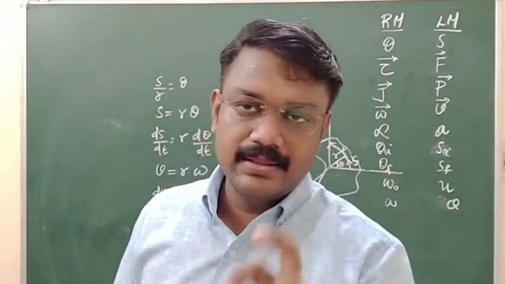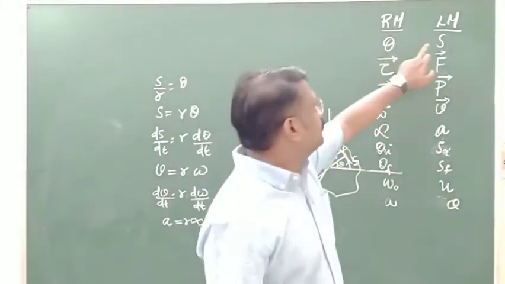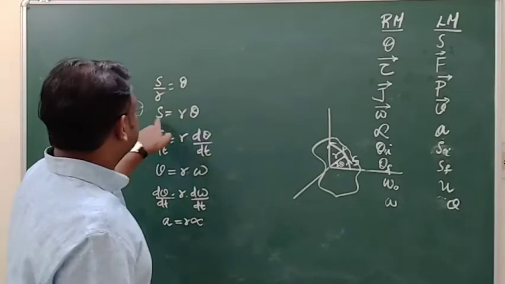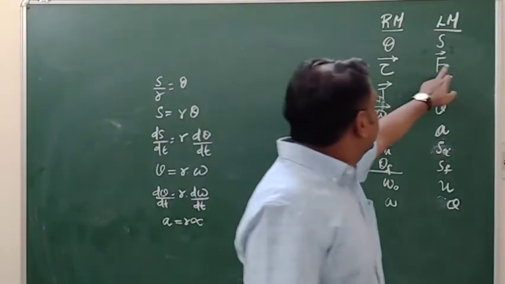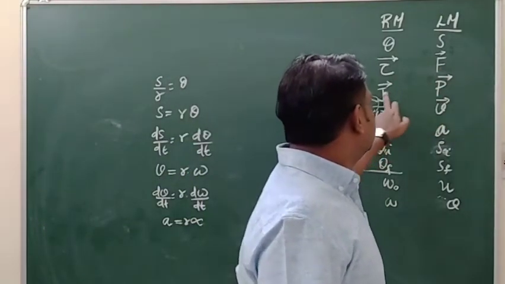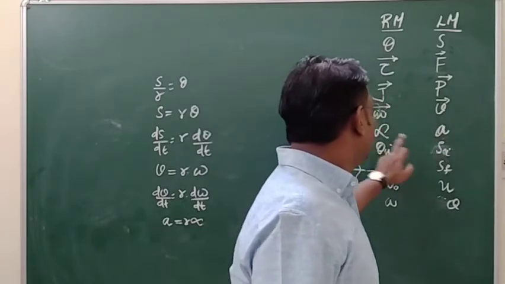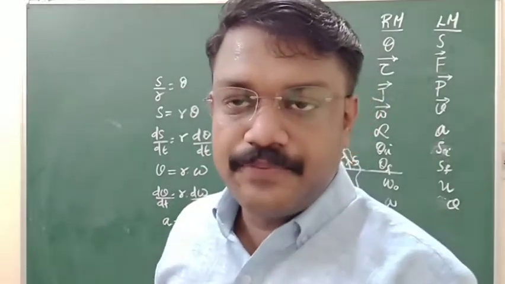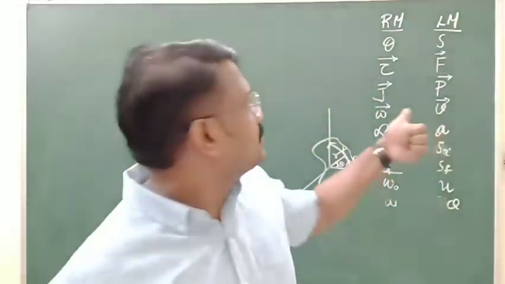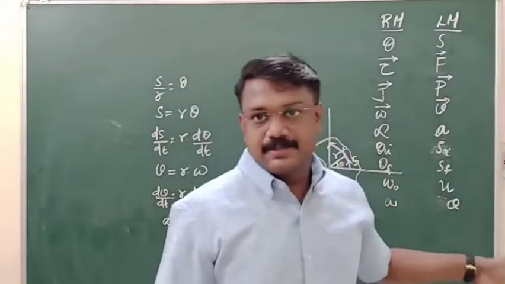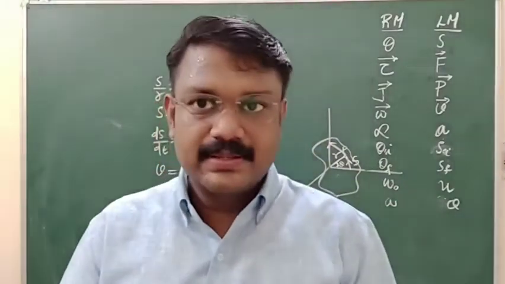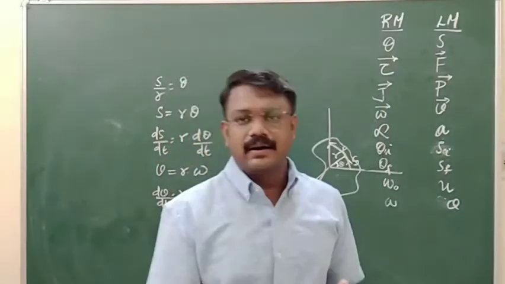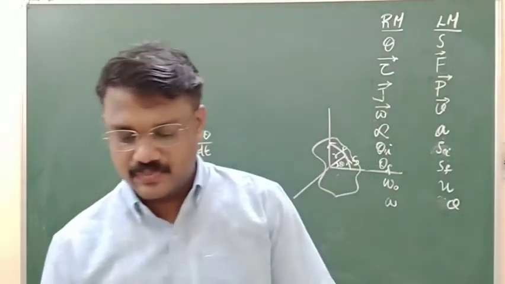If you found the rotational equivalent of displacement, you just multiply by r: theta is equal to s, and f is equal to tau, p is equal to j, v is equal to omega, a is equal to alpha, like that only. So moment of any physical quantity, that is the rotational aspect. Just like force, momentum. Again, we will get some more interesting results in rotational motion as we move on.